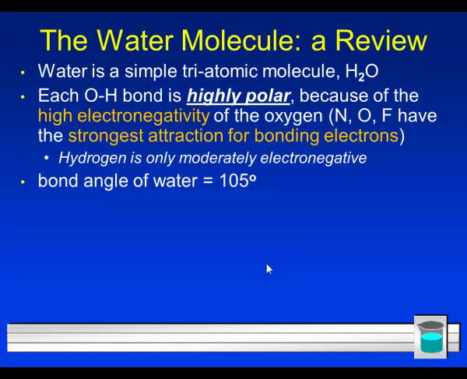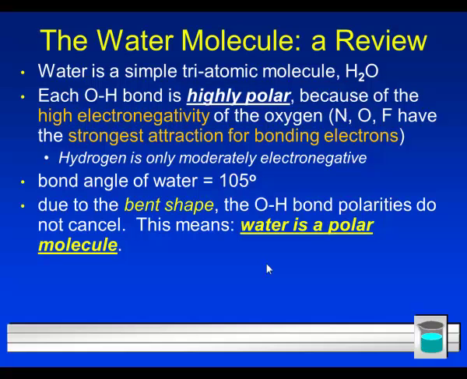So when the oxygen and the hydrogen share a pair of electrons, the oxygen more or less keeps them most of the time. So that and the shape of the water molecule, it is bent. The hydrogens are arranged 105 degrees apart from one another, account for the great polarity of water.